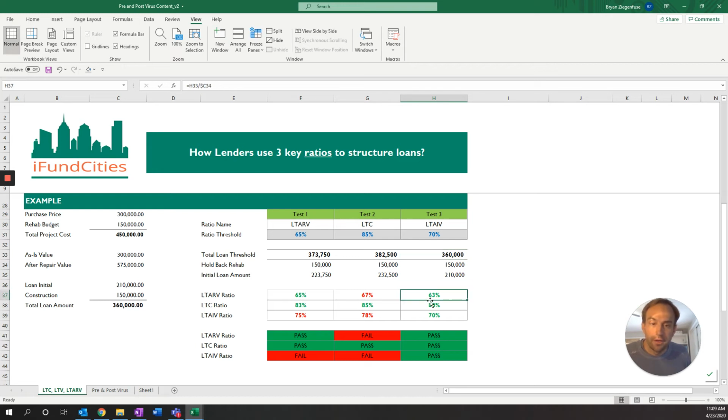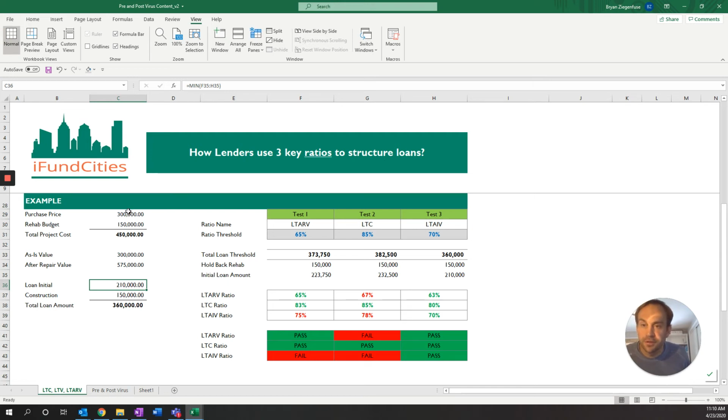So you have a 63% loan to ARV, an 80% loan to cost, and a 70% loan to as-is value. As you can see here, it passes all three of the threshold tests, and therefore this is how the loan would be structured, based upon which tests it passes, all three of them.